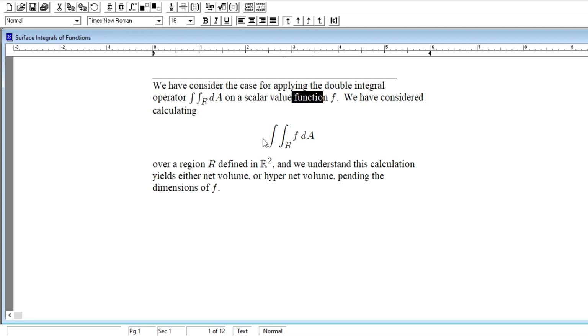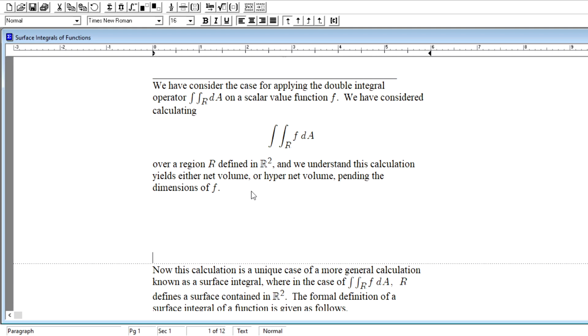We understand that when we apply a double integral operator on a scalar valued function, this calculation is going to be considered a surface integral that yields either net volume or what we call hypernet volume over this surface we define as region R. It is a special case of a surface integral.